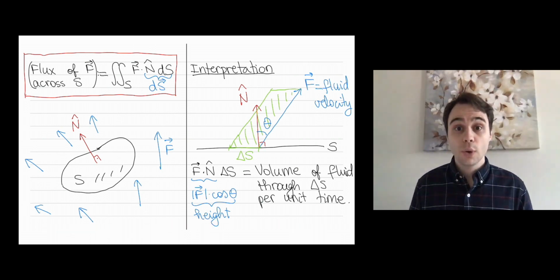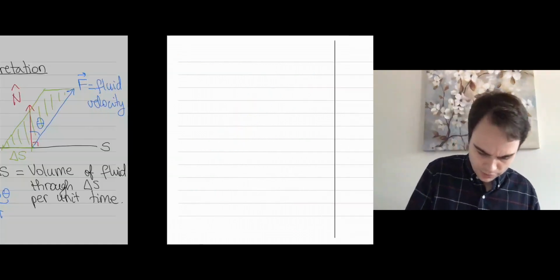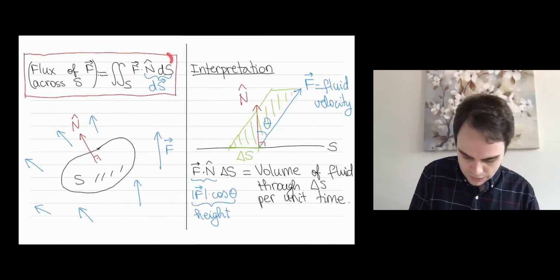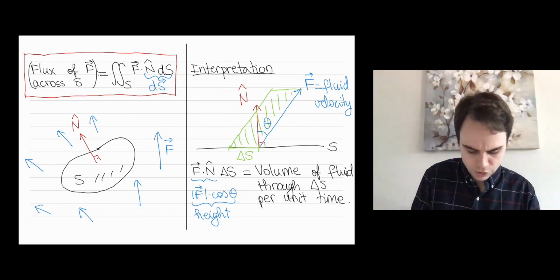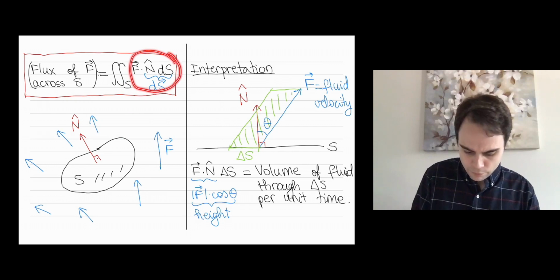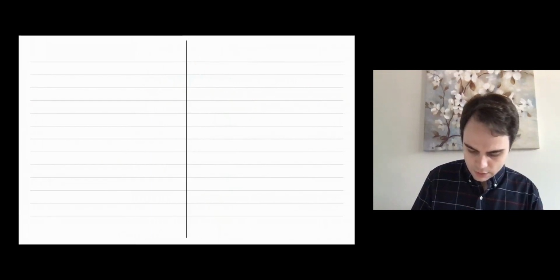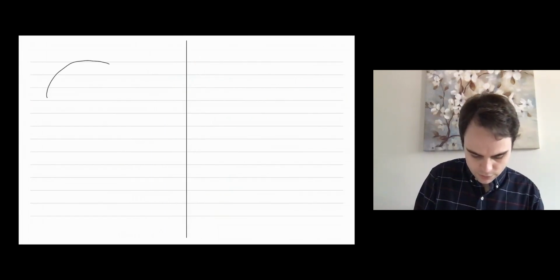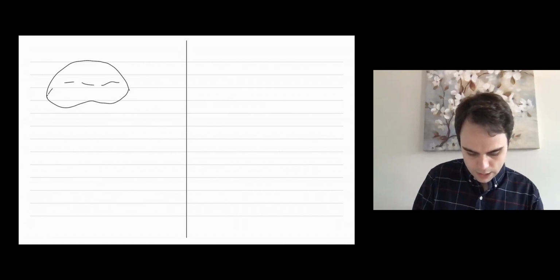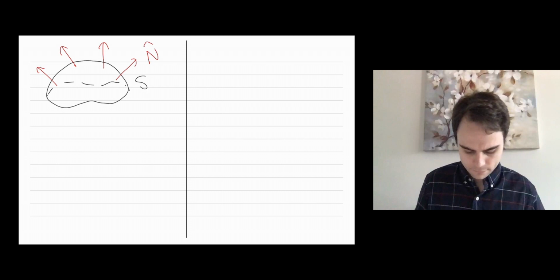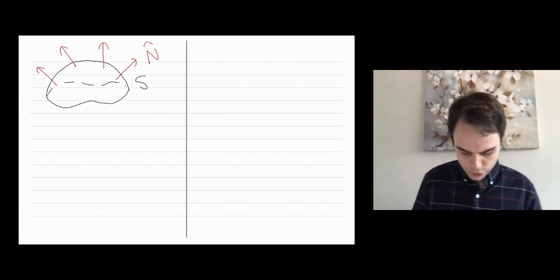I'd like to now show you how to compute this integral. The trick here is that I have to tell you how to set this up assuming that we have a parameterization of the surface. So the key step is understanding dS. So here we have a nice surface, and here is our normal vector field on this surface, and we also have a parameterization.